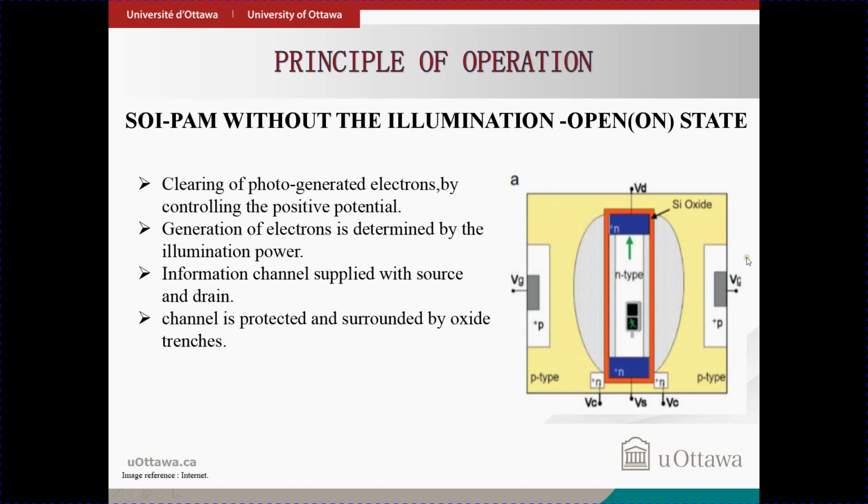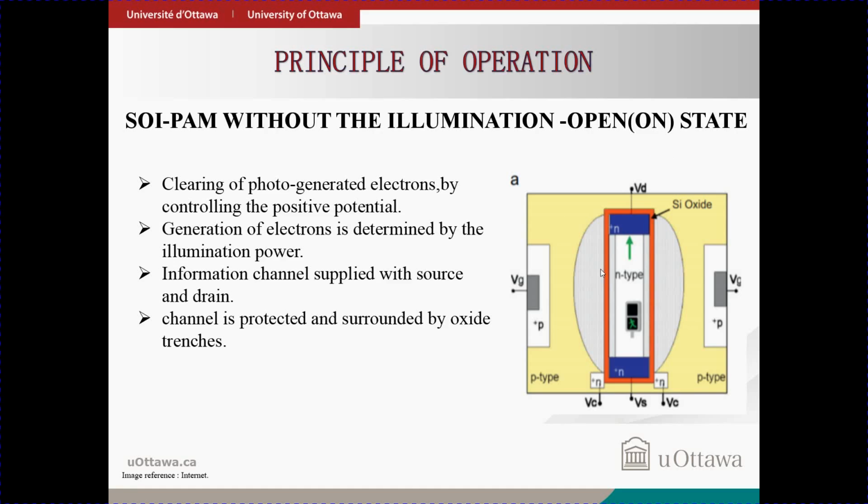And you can see the red rectangle shaped thing, which is called the oxide trench, that protects the n-type region, and the gray thing on both sides of the channel, whether in the p-type region or in the n-type region, are called depletion layers.